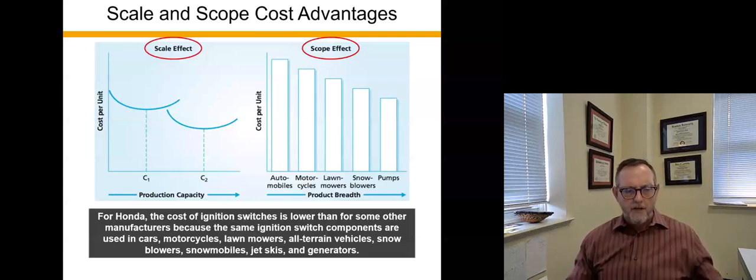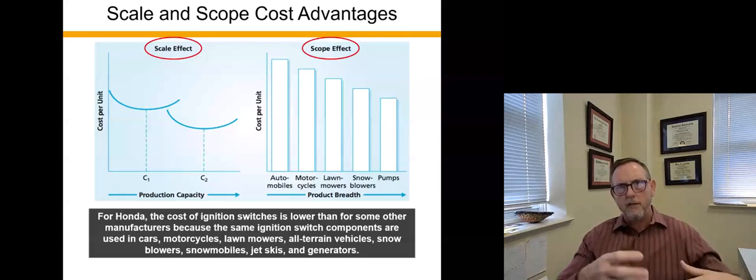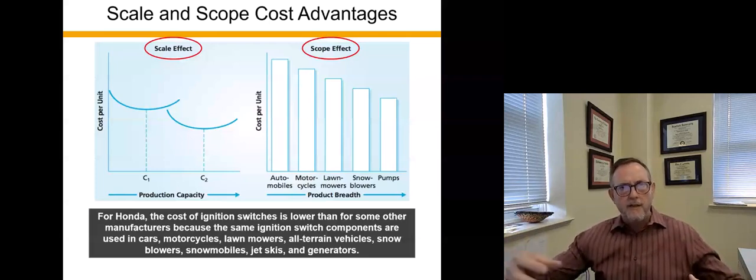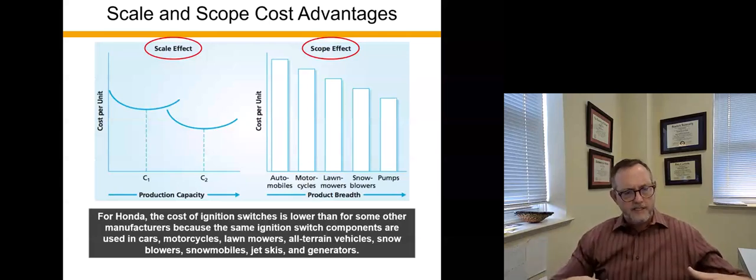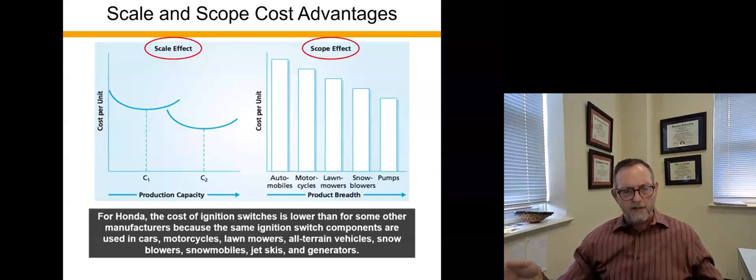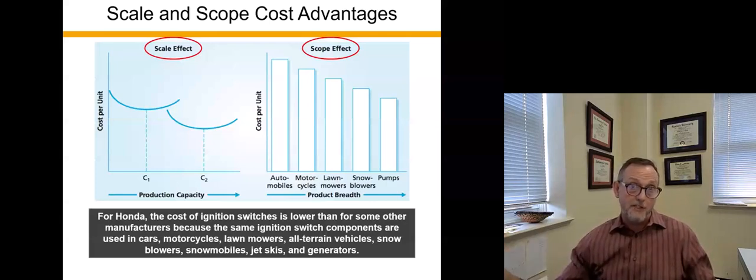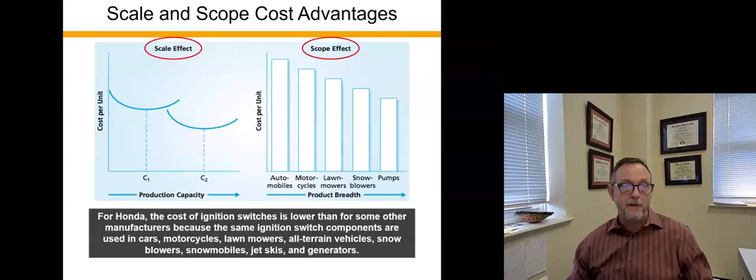So if we have a part that goes into one product, but that same part can then go into other products, then all of a sudden, instead of producing that part for one product, we're producing it for all the others. And again, production costs go down per unit, because we're using it in more applications, I guess is the best way to think about it.